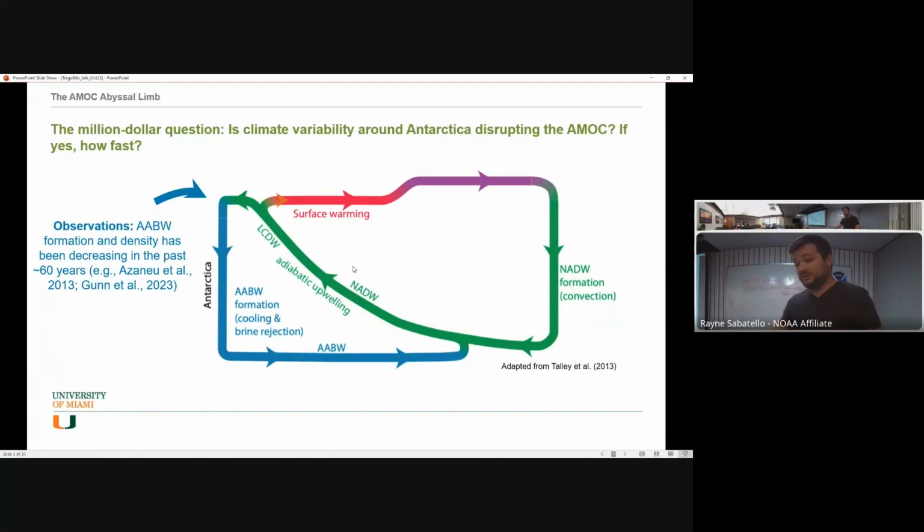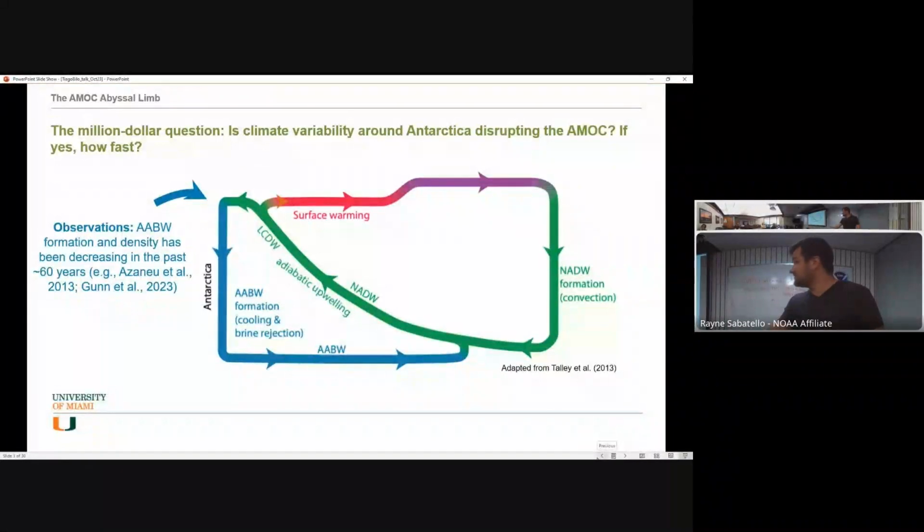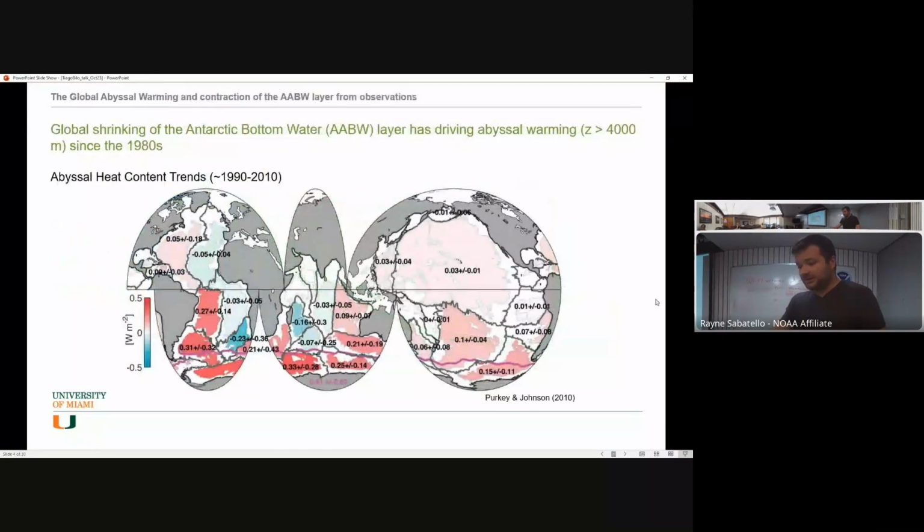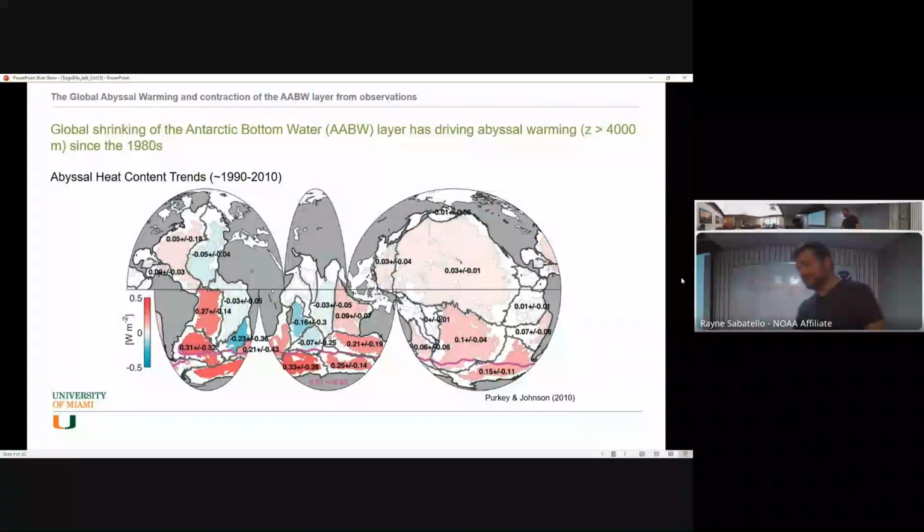So we want to know whether these processes had impacts on the rest of the global oceans. Most of the studies out there have focused on what they're calling the shrinking of the Antarctic bottom water layer. That's what we know from observations.